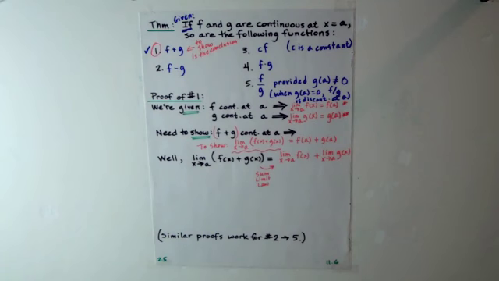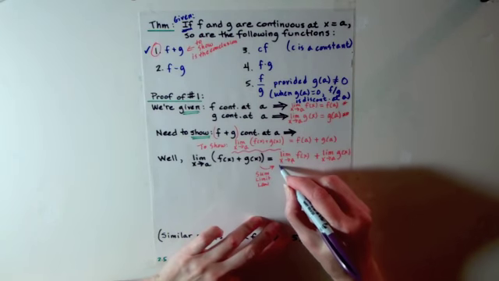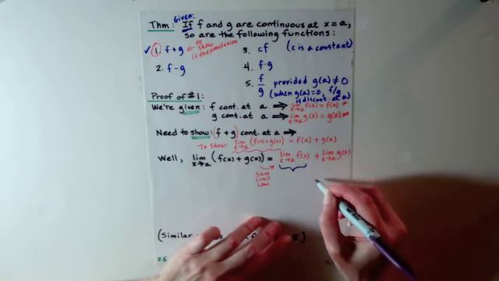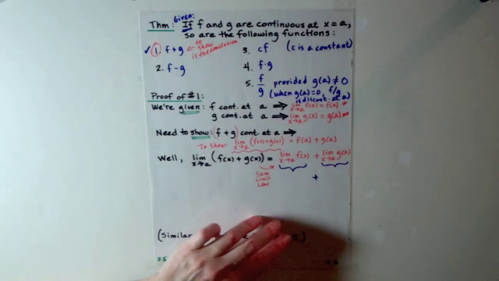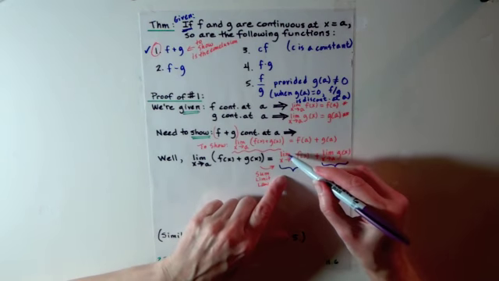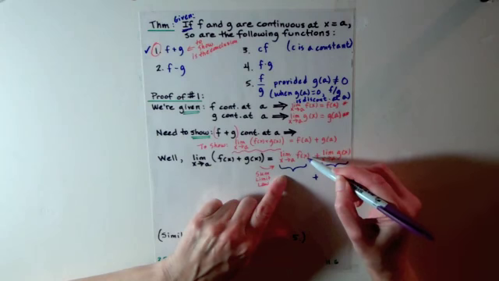Okay, and that's just using our sum limit law. Let's see if we can determine what each of those limits is. I'm going to look at this limit separately and add it on to this limit. What is the limit as x approaches A of f of x? I'm going to go back up to my given.